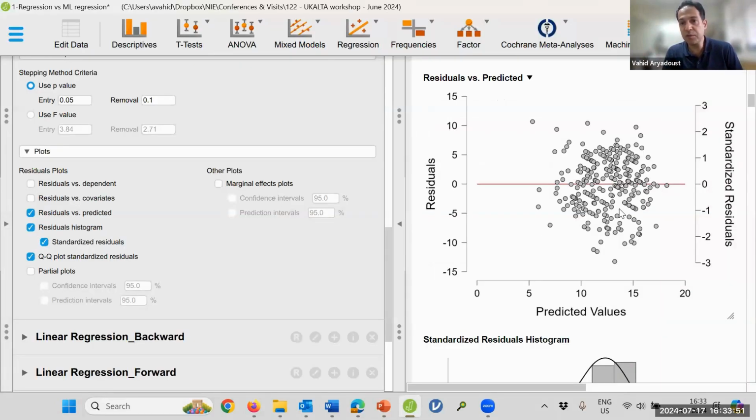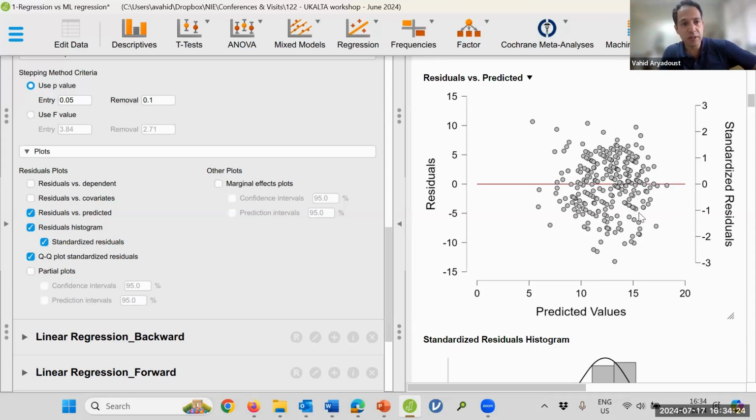You don't see any specific patterns. There's no curvature. There is nothing conspicuous that you'll be able to observe. So I would say the assumption of linearity here is met. The dots are scattered everywhere without having a specific pattern. Okay, so this is not too bad so far.